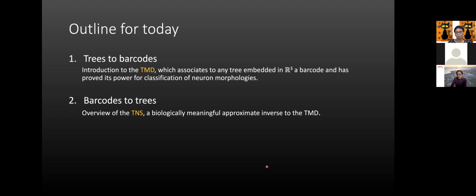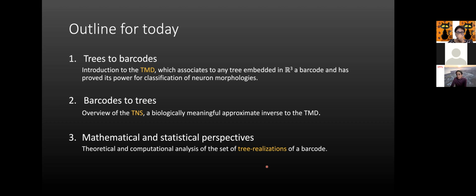I'm going to go into some detail about how this algorithm works and how we exploit the barcode in order to do so, because I think that by appropriate tweaking, one could probably arrange the synthesis algorithm so that it was relevant for a context other than neurons. Then in the end, I'm going to talk about some different perspectives coming from a more mathematical and statistical point of view on these constructions.